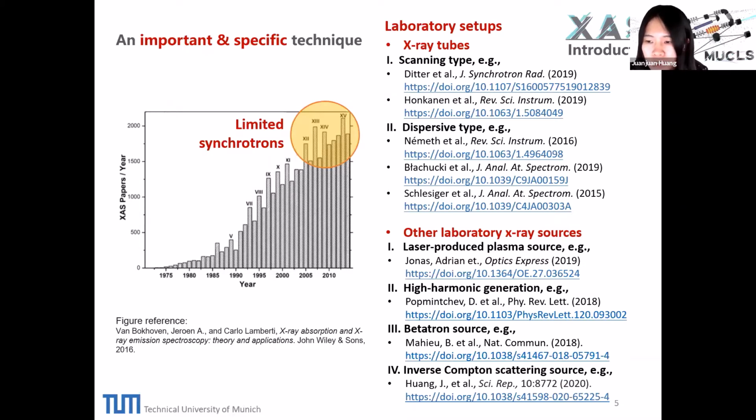These three sources currently focus mainly on ultrafast pump-probe studies. For higher X-ray energies, the inverse Compton scattering source, on the other hand, can generate high flux. Many groups are developing this kind of source nowadays, but so far it has mainly been applied to biomedical imaging. That's why we want to explore the potential of this source for the X-ray spectroscopy field.